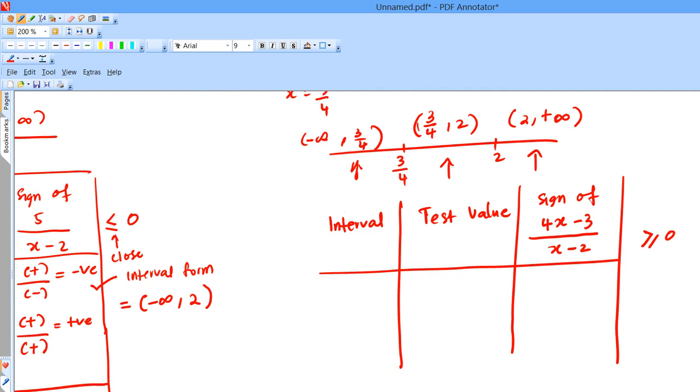For the first interval, we have negative infinity to 3/4. We can choose x = 0, and then at the numerator, if we substitute x = 0, we get a negative sign, and the denominator a negative sign, which equals a positive sign.